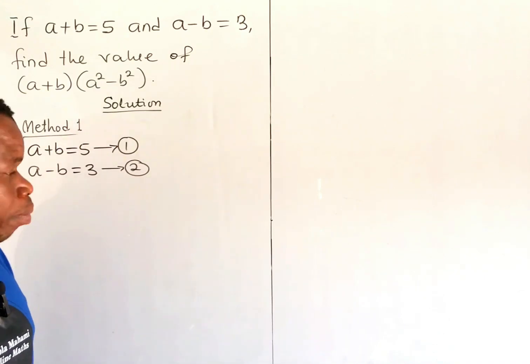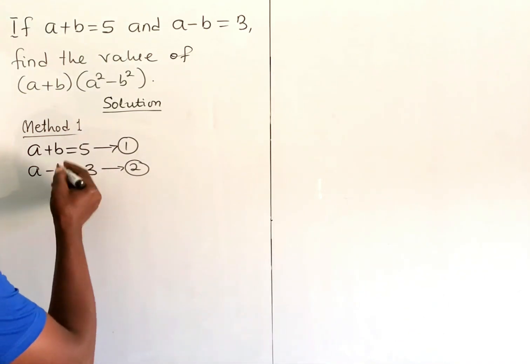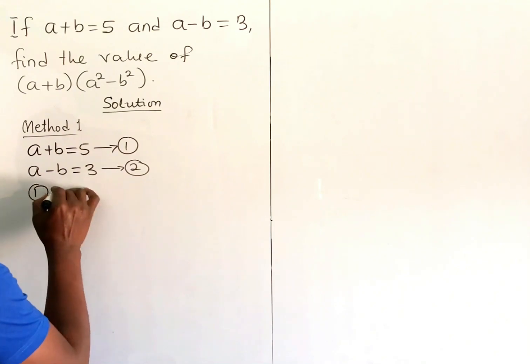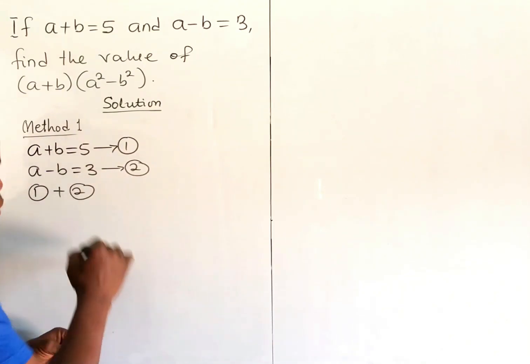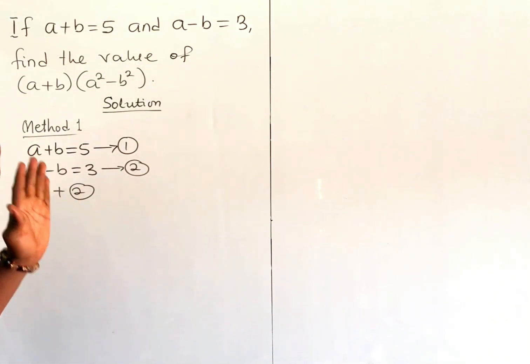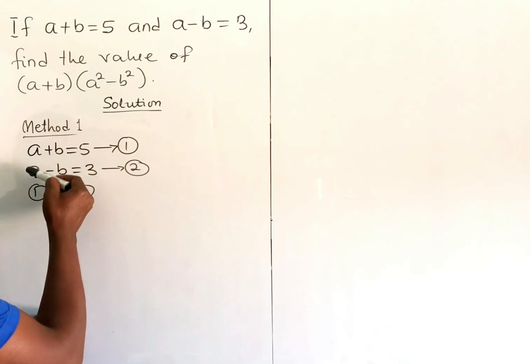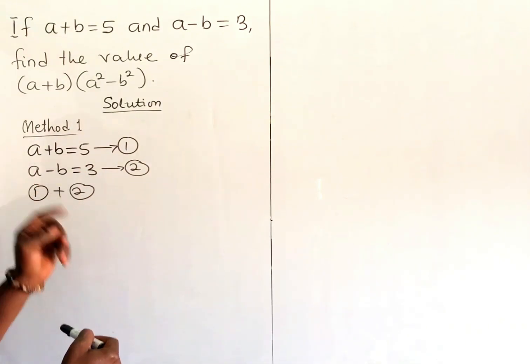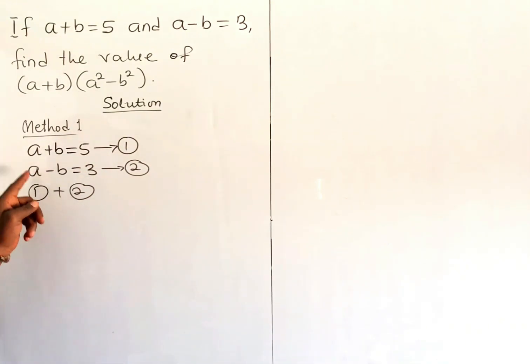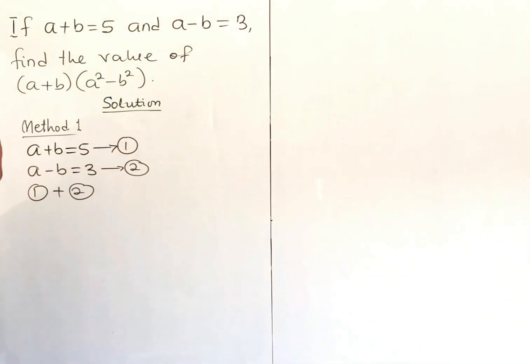To use the elimination method, we have to add equation 1 and equation 2 together, according to their corresponding terms. Here we have A and we add it to this equation, which is also A, and A plus A is 2A.